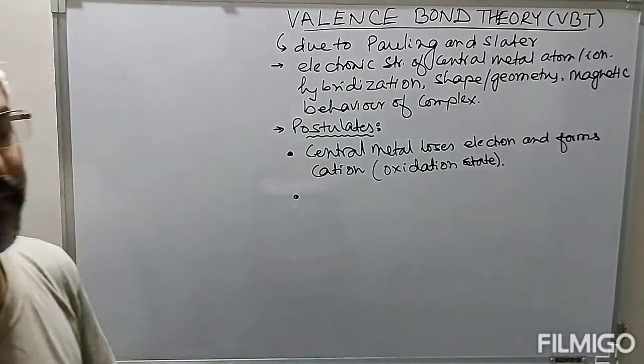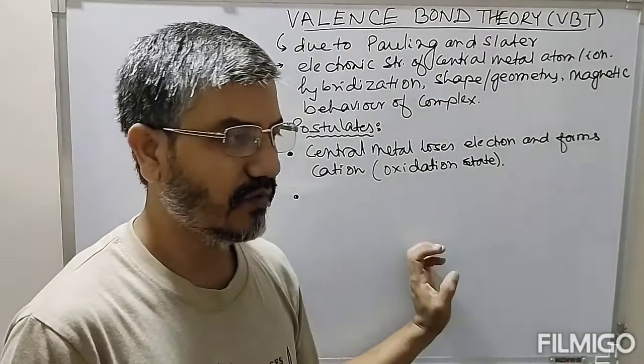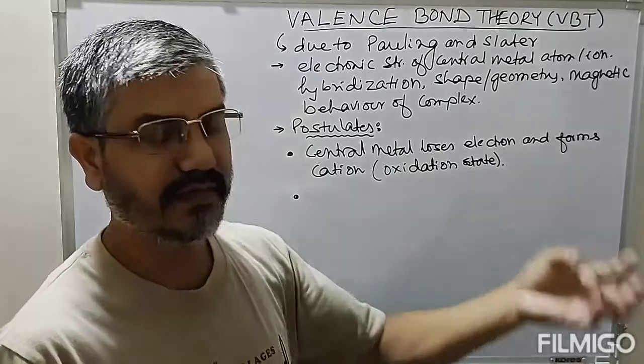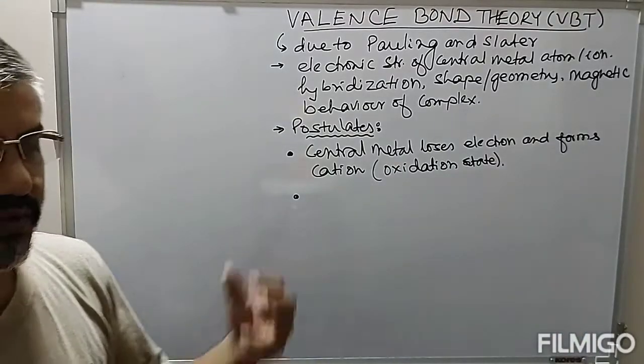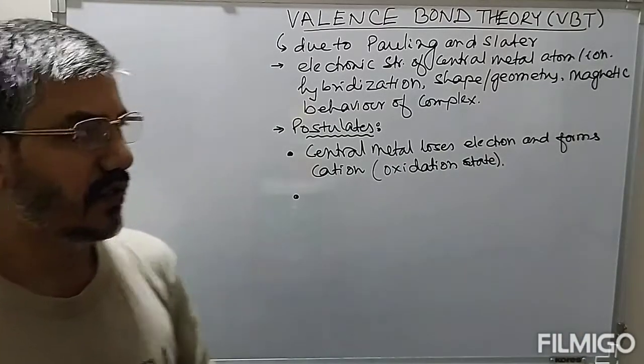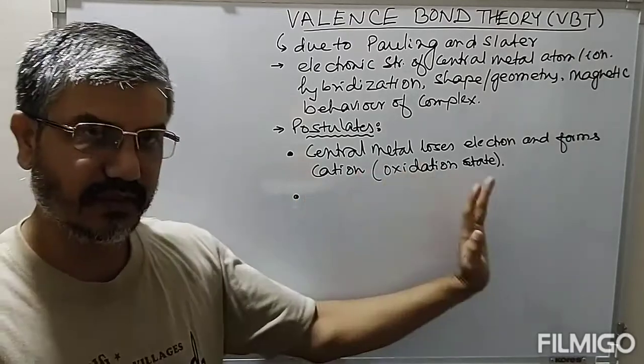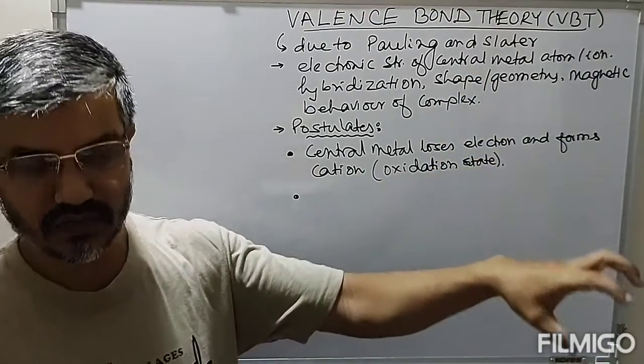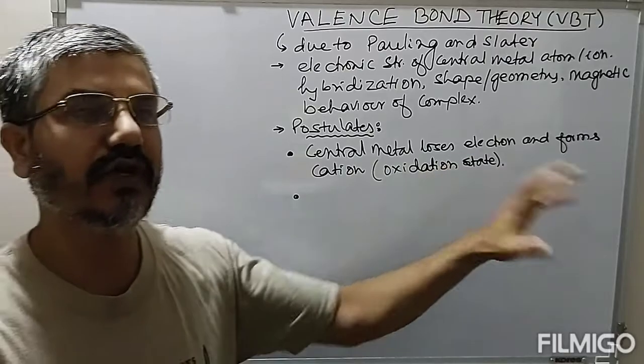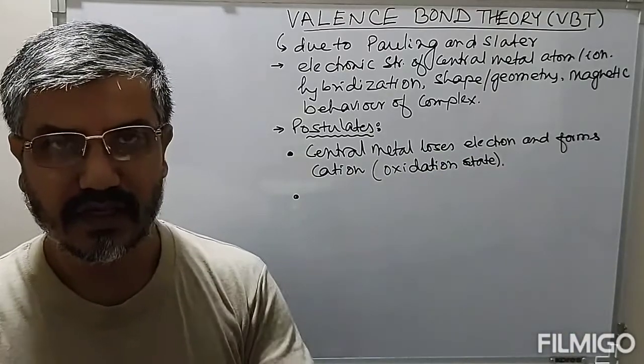Second, in this theory one of the most important criteria is the hybridization of the central metal atom or ion. In the first postulate we say the central metal loses some electrons and is converted into a cation.